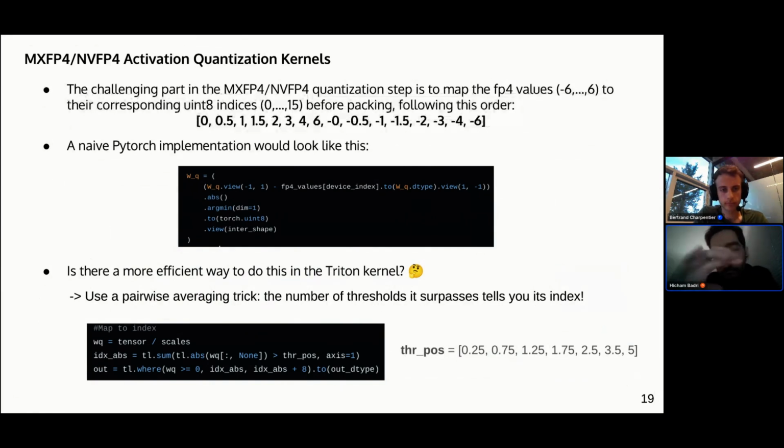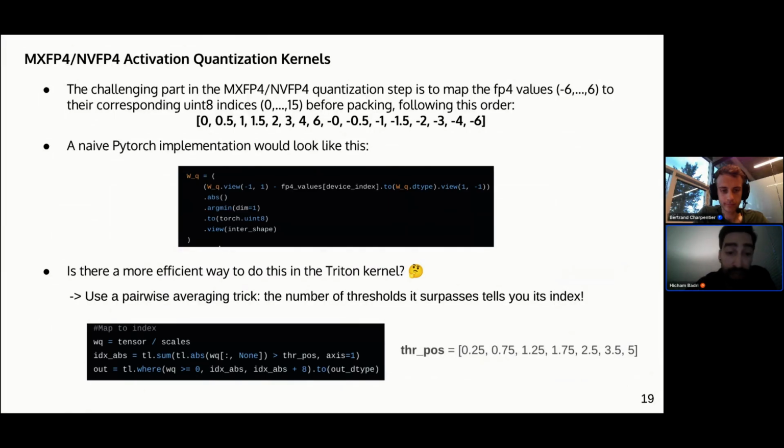This is basically looking for the closest value in the FP4 values. For example, 0.1 would be mapped to 0, -5.8 would be mapped to -6, you just put it into the closest bin.